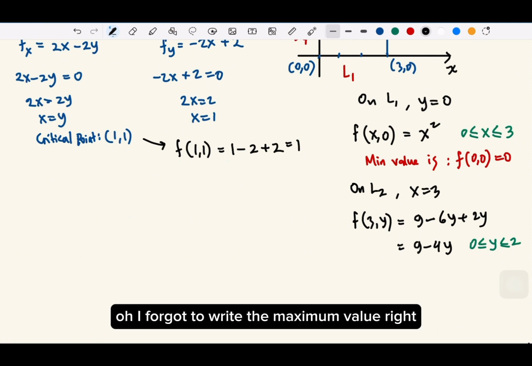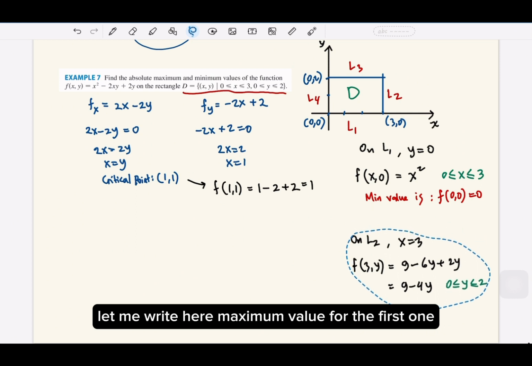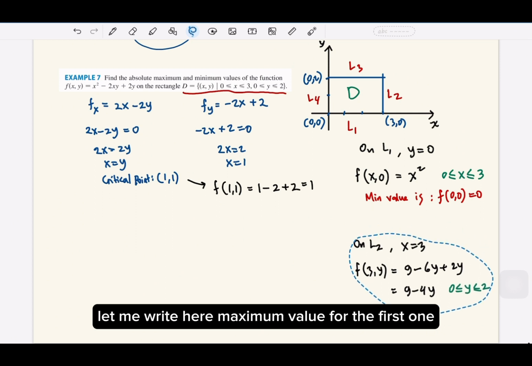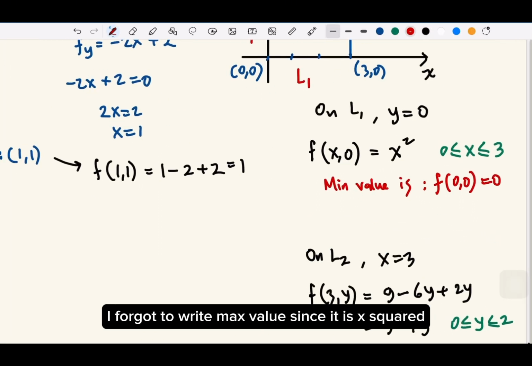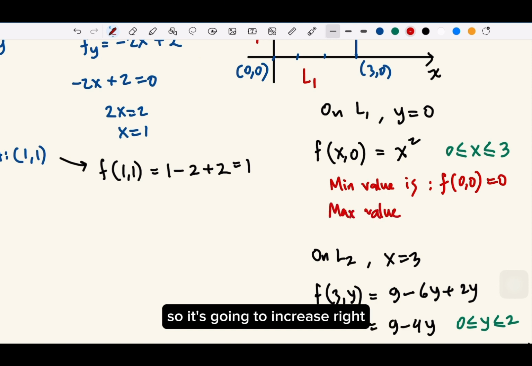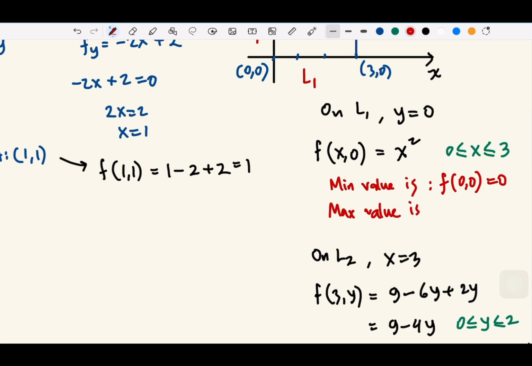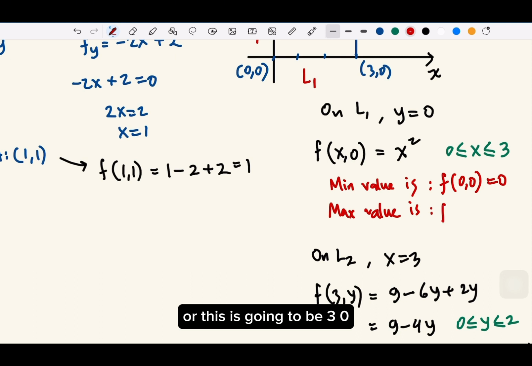Oh, I forgot to write the maximum value, right? Let me write here. The maximum value for the first one, I forgot to write. Max value, since it is x squared, it's going to increase, right? So the maximum value is when x is going to be 3, so this is going to be (3, 0).